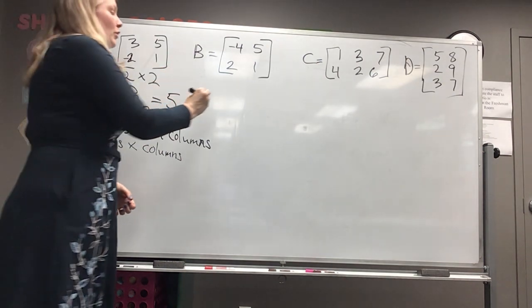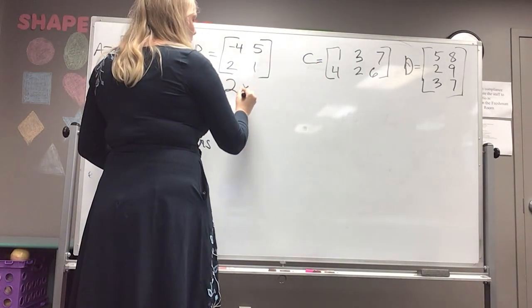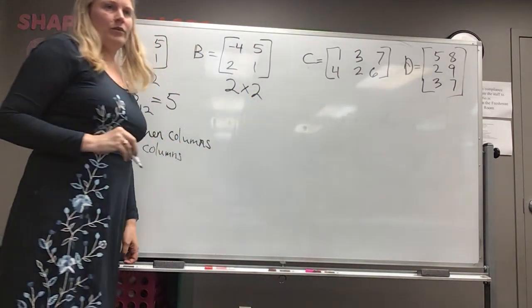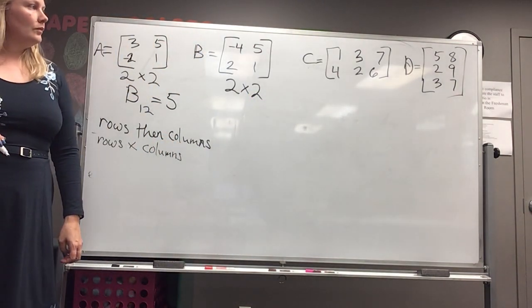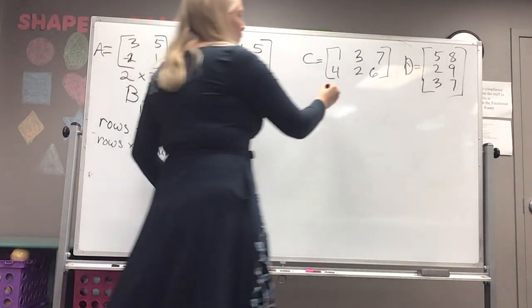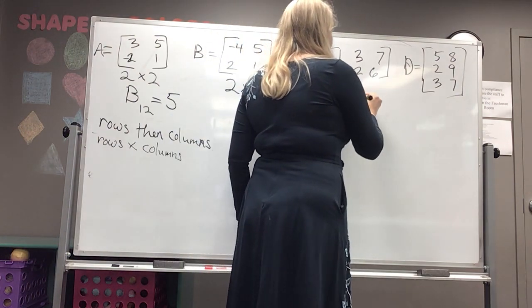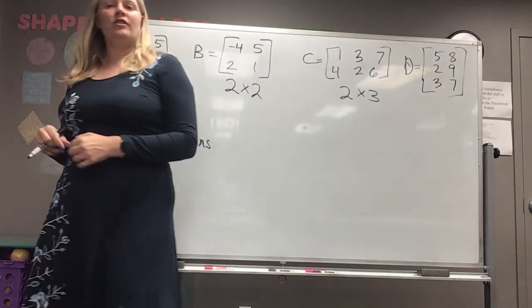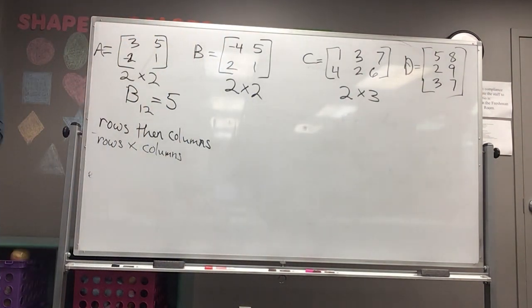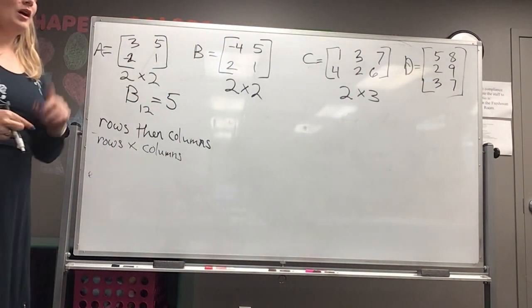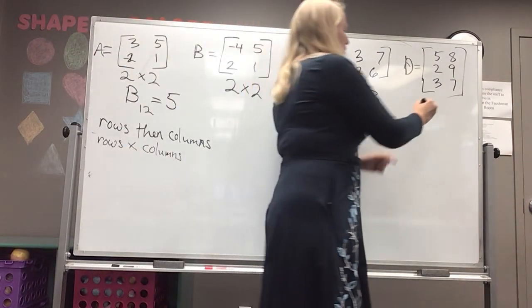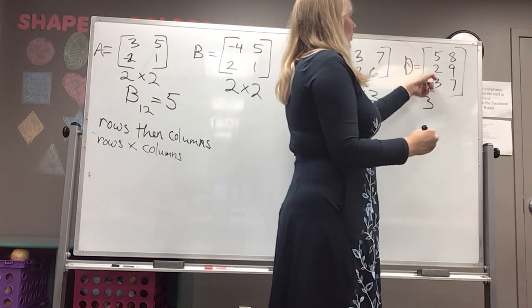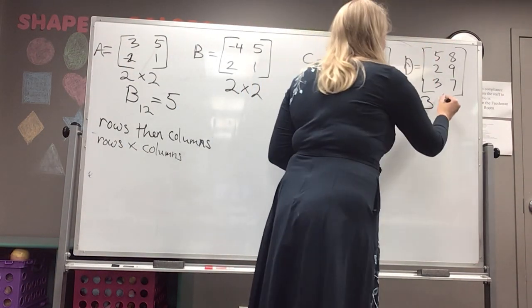Same for here, this one would be 2 rows by 2 columns. C would be 2 rows by 3 columns. What would the dimensions of D be? 3 by 3. Almost. 3 by 2. There's 3 rows, but there's still only 2 columns.